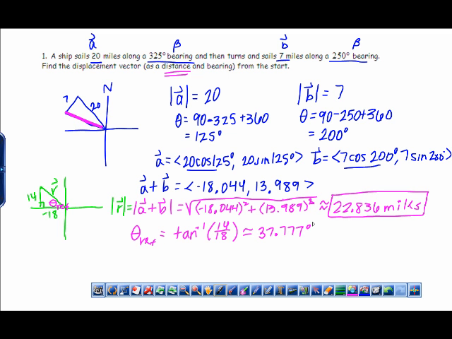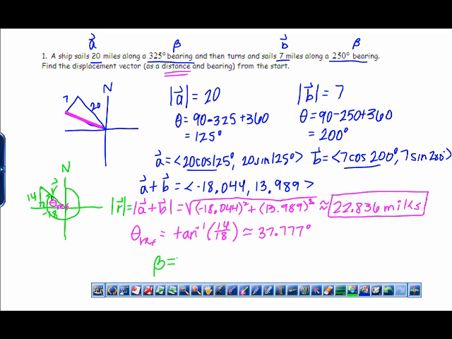Okay, now to actually find the bearing, let's just think about this. If this angle right here is 37.777 degrees, the bearing is going to start at north, and it's going to go all the way around until I get to that resultant vector.